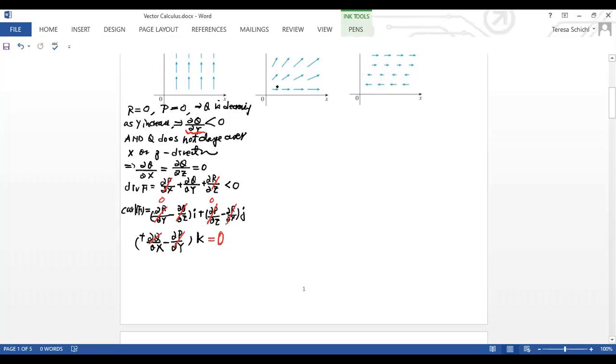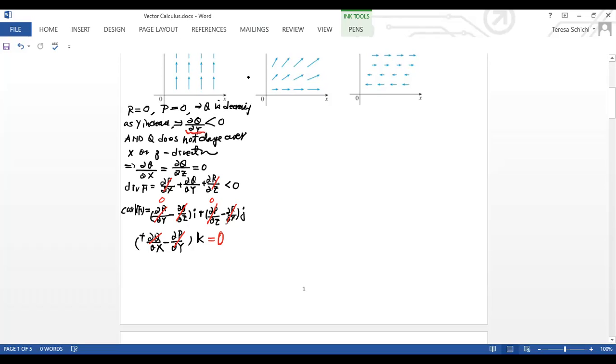And also here you see the flow thinning out. I expect this is a divergence: if you have a lot of water molecules here, as the field goes this way, the molecules gradually thin out. So we think it is divergent, which means that the div of F has to be positive here.